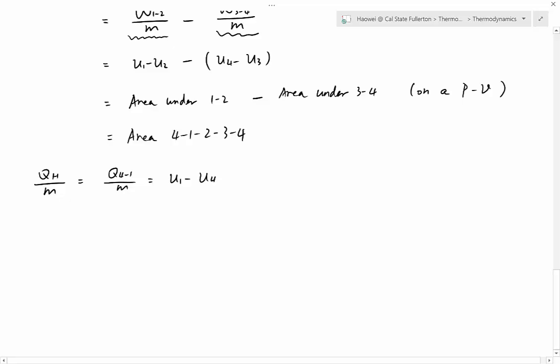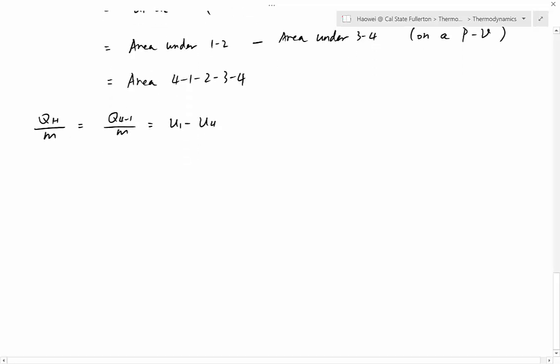So now, after I find what I get, W cycle, and what I pay, QH, the next question is, what is the efficiency? Efficiency is defined as what you get divided by what I pay. What I get is W cycle. What I pay is Q4 to 1. So we divide both of them by mass, and we derive the expression for both the numerator and the denominator.